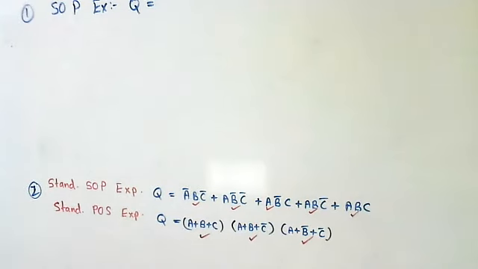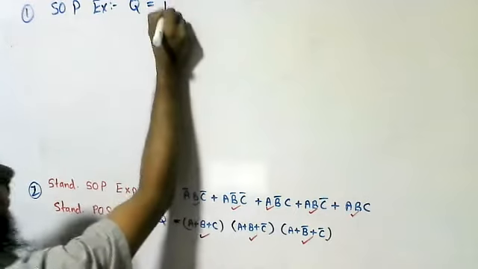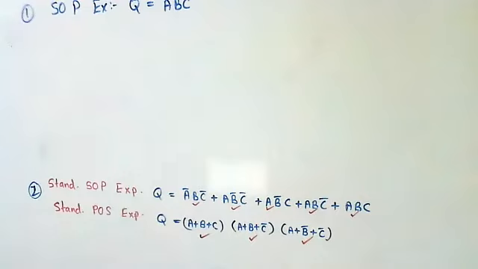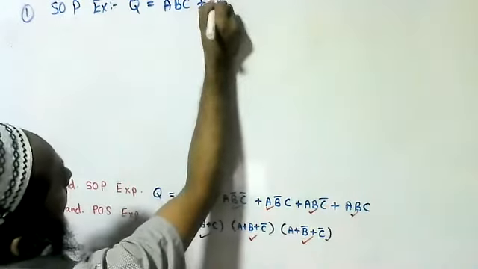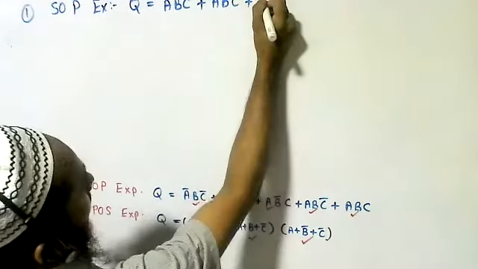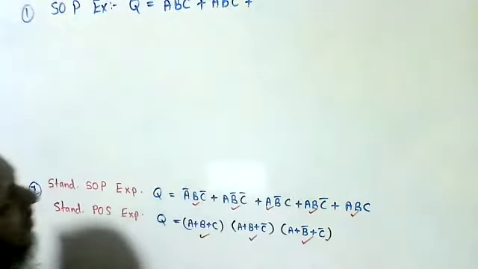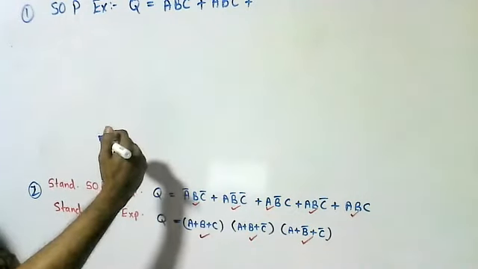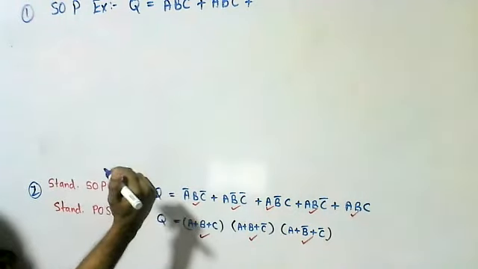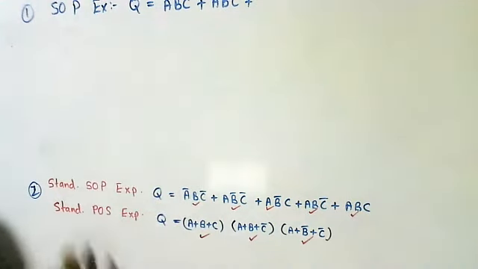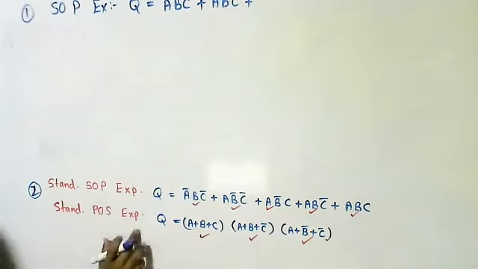A bar, B bar, C plus A bar, B, C plus A, B, C bar plus A, B, C. Before this truth table, we did another truth table, that means we got the standard SOP expression and standard POS expression.